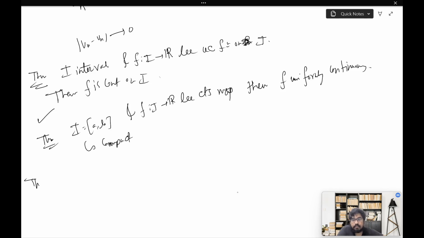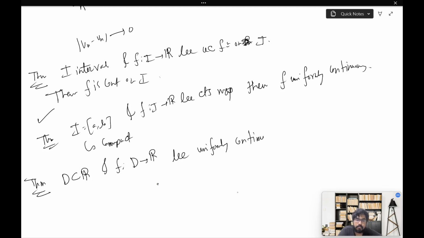There is another theorem which states that suppose D is a subset of R and a function f from D to R is uniformly continuous.